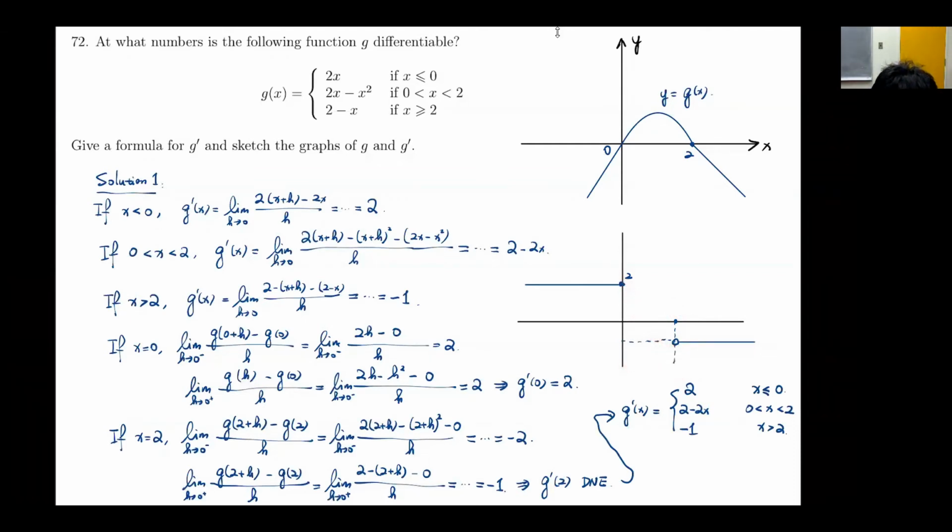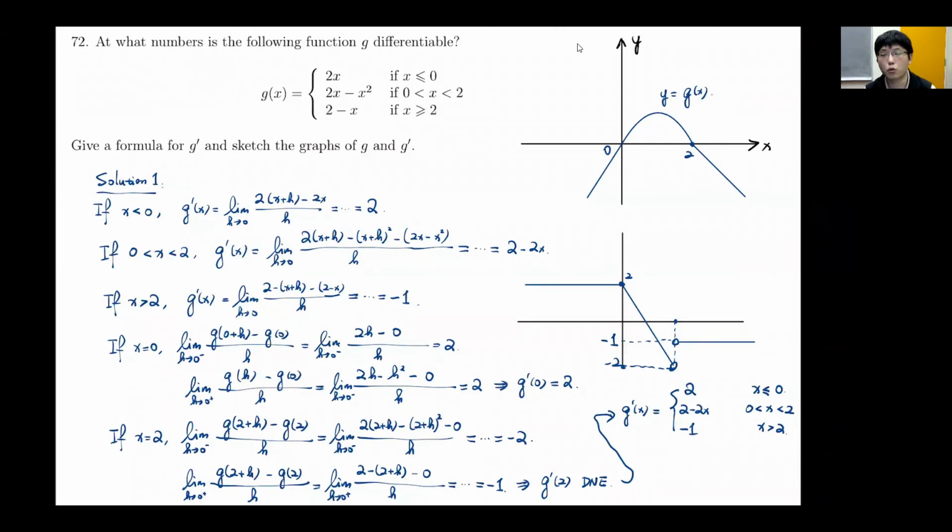So we need to draw over here. So this is actually -2, and now we connect it with a straight line. All right, so I think that will be the graph you are supposed to draw for this problem. Okay, so that will conclude the discussion for this problem using the first approach.